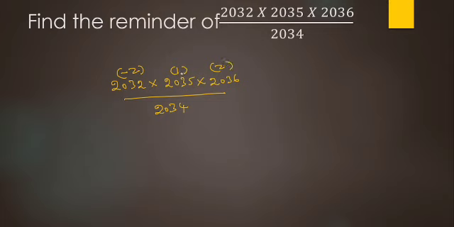Now minus 2 into 1 is minus 2, minus 2 into 2 is equal to minus 4. Now you have a negative answer. When you get a negative answer, you have to subtract from the divisor. Now the divisor is 2034 minus 4. So 2030 is the answer for this case.